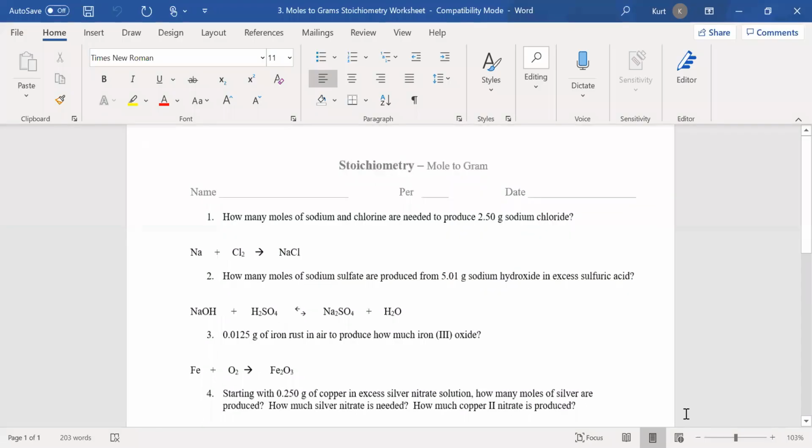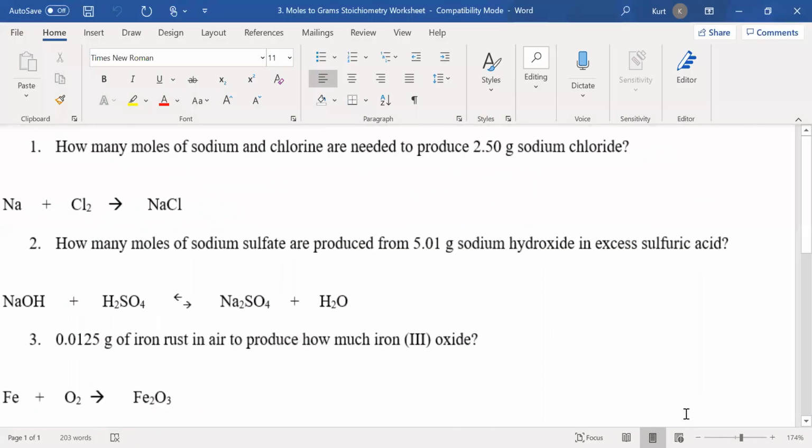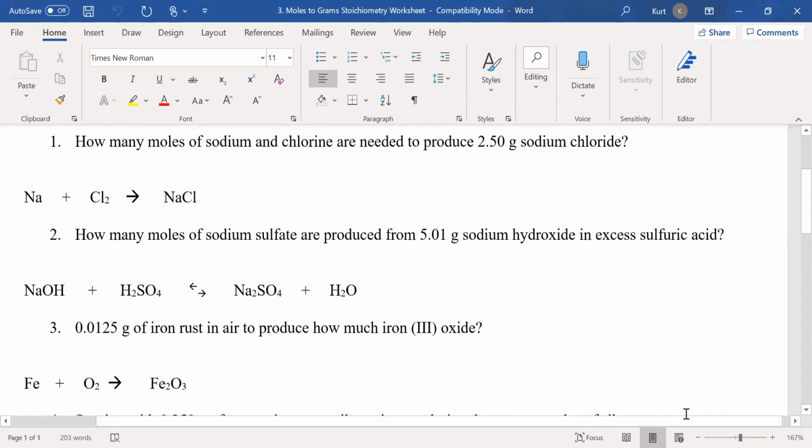I would like you guys to do 1, 2, and 3. And I'll work them out while you're doing it on my paper. And then I will put the answers up on the board and we'll write them out on the screen for you. So I'll give you 10 minutes to do these 3 problems. They are the same equations from yesterday, but you're being asked for different things.